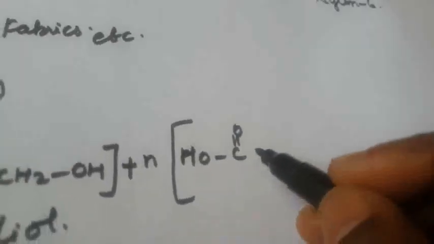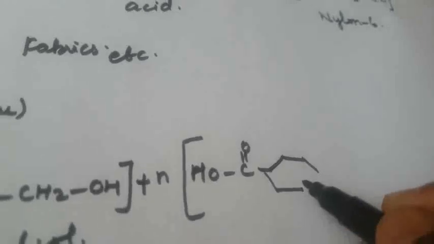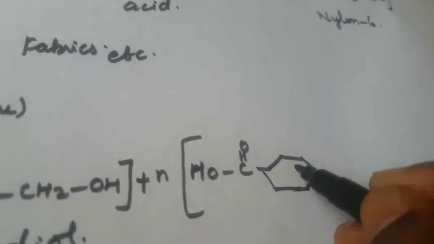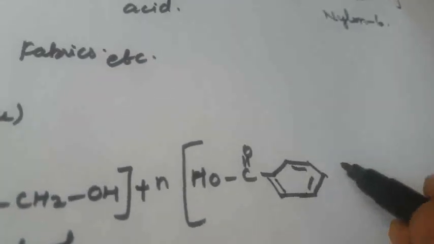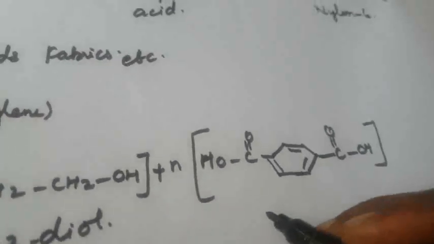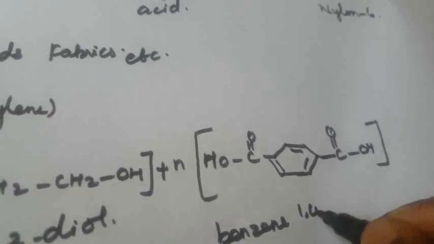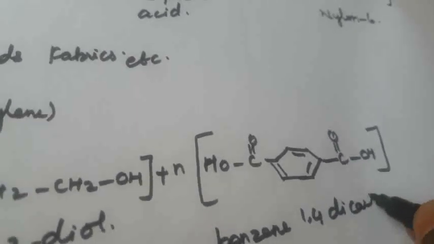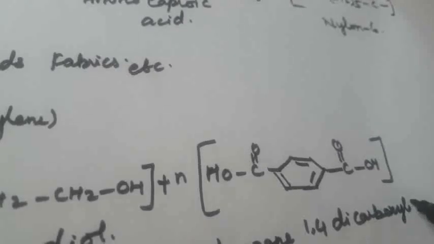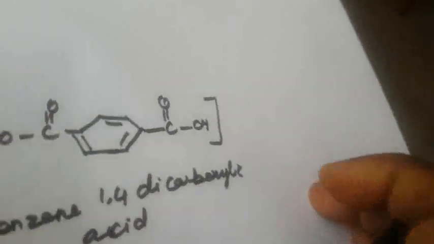C double bond O, OH, on both sides of the benzene ring. So benzene-1,4-dicarboxylic acid. This is the dicarboxylic acid compound.